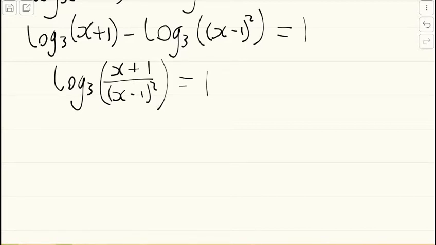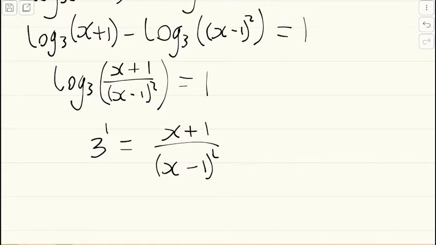giving 1. Now again, to get from base 3 to x plus 1 over x minus 1 squared, I have to raise 3 to the power of 1. So I get 3 to the power of 1 is equal to x plus 1 over x minus 1 all squared. Like that.